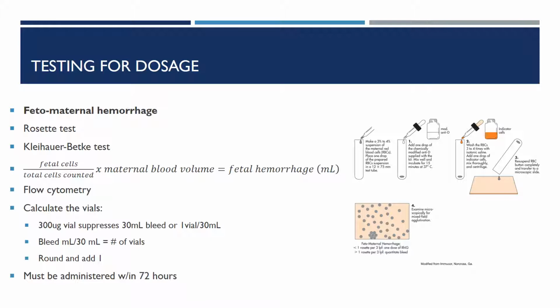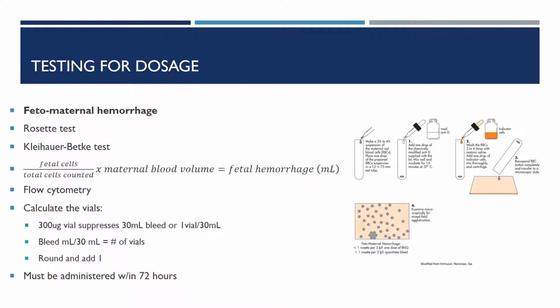And those ghost cells, once your total cells get up to 2,000, you can figure out your percentage of the fetal hemorrhage. And so you can see there your fetal cells divided by the total number of cells counted, multiplied by the maternal blood volume. So that's based on the total size of your mom.